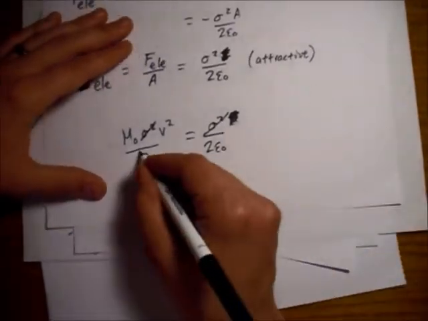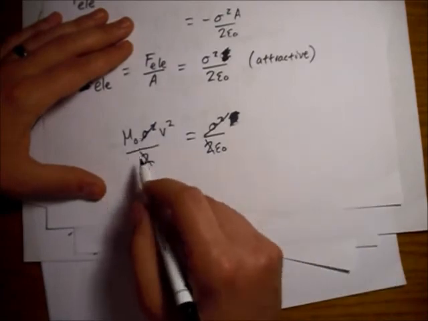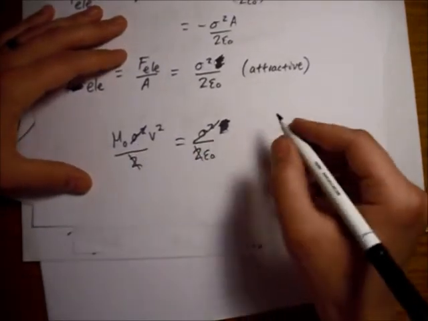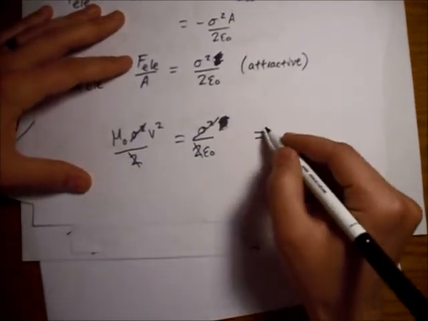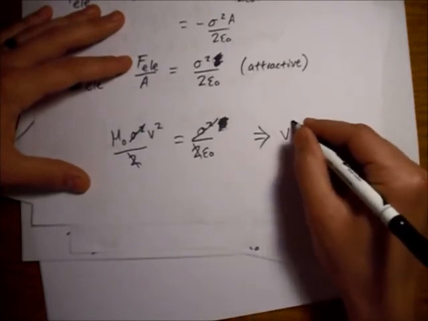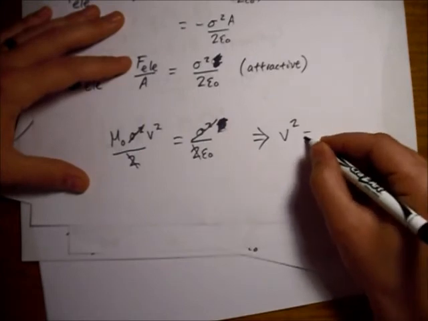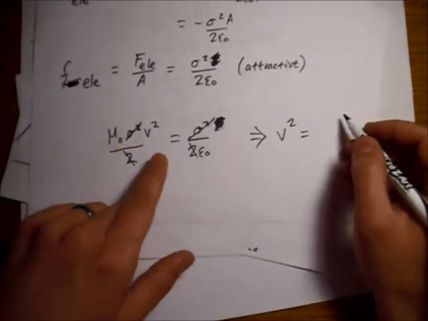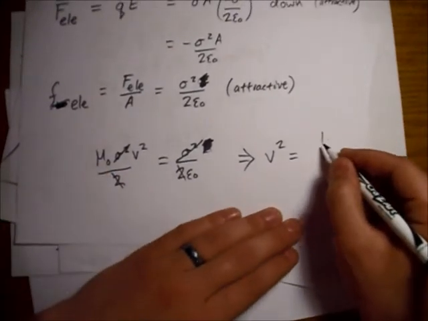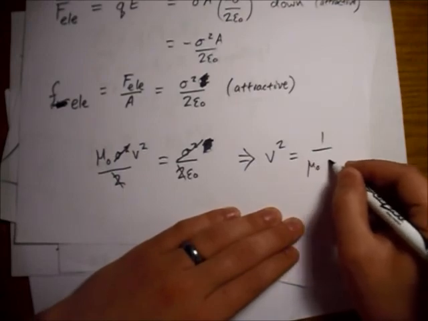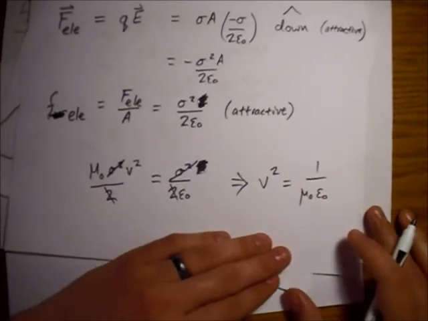What do we have left? Oh, we can multiply a 2 on both sides. And we have v squared is equal to, we just have to divide both sides by mu naught, 1 over mu naught epsilon naught.